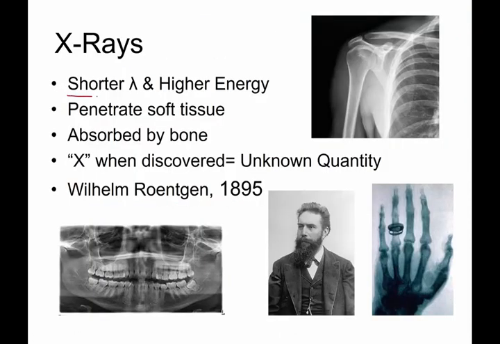X-ray, still shorter, much shorter wavelengths of light, and hence much higher energy. X-rays, as you know from going to the doctor and going to the dentist, can actually penetrate the soft tissue of your body.